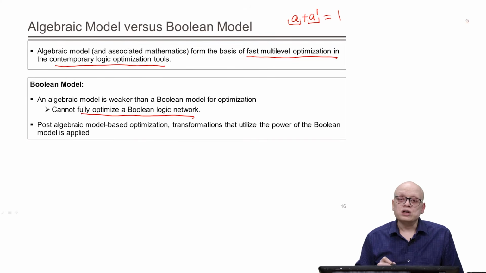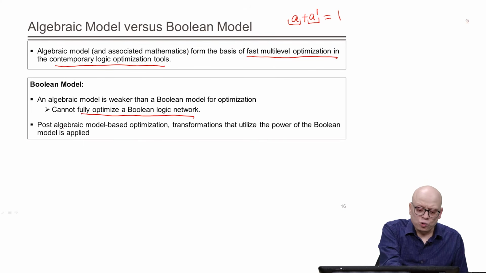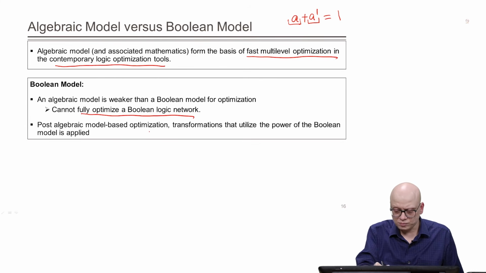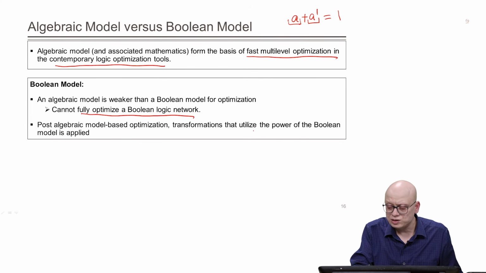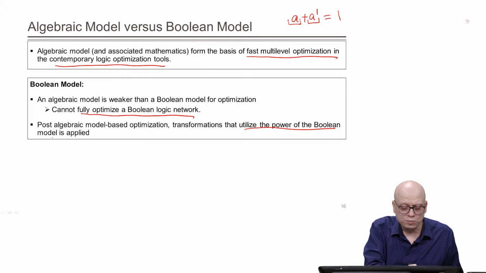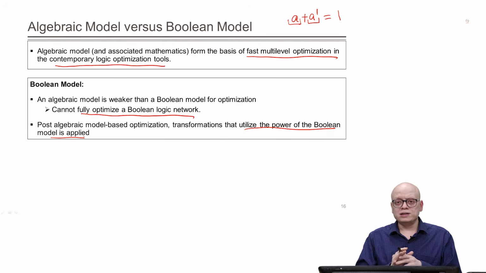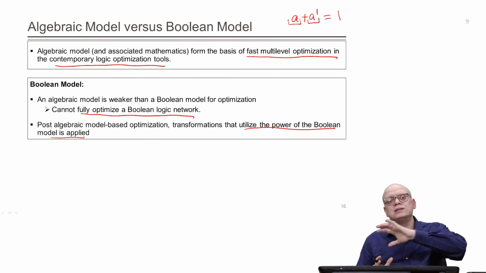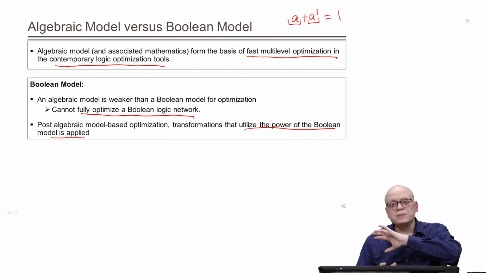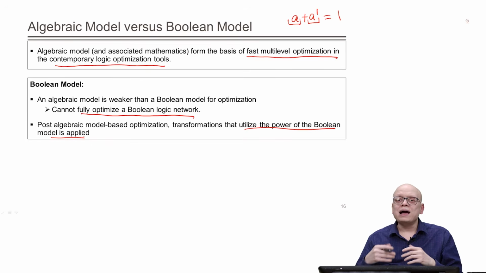So, what do we do? After algebraic model optimization, we apply transformations that utilize the power of the Boolean model also. Given a multi-level or Boolean logic network, we first do the optimization based on the algebraic model. After that, we apply more optimization techniques based on the Boolean model and further reduce the area, or other figures of merit, of our circuit.